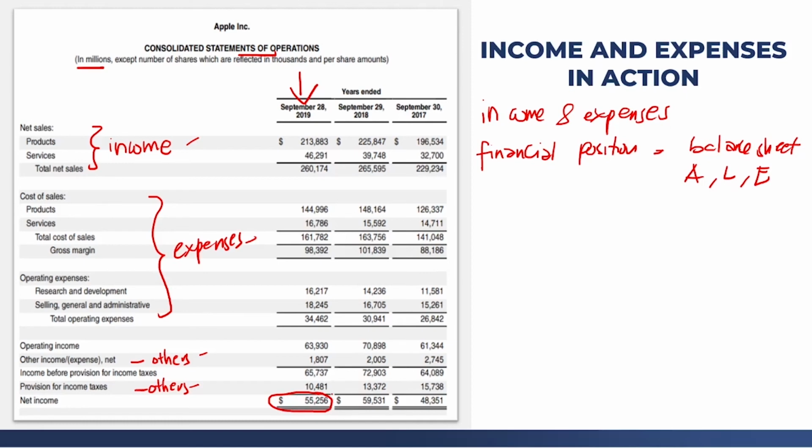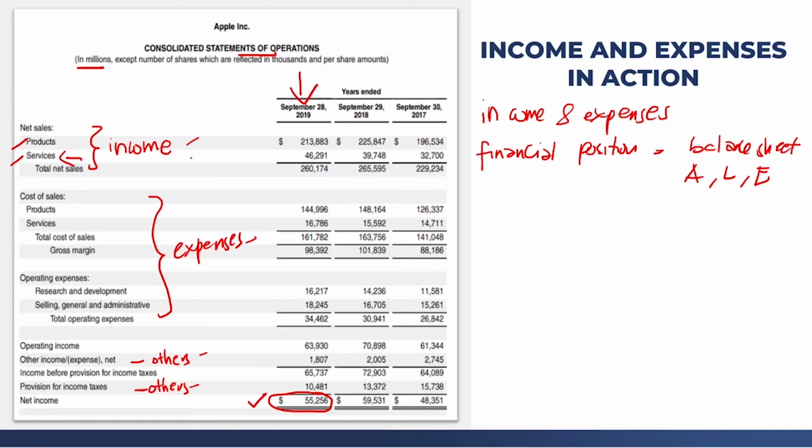The $55 billion net income of Apple can be split into income, expenses, and others. The income is mainly coming from the sales of products and services. I think the products are mainly iPhones, MacBooks, etc. And services, whenever you have services in their service centers, will go to the income from their services.